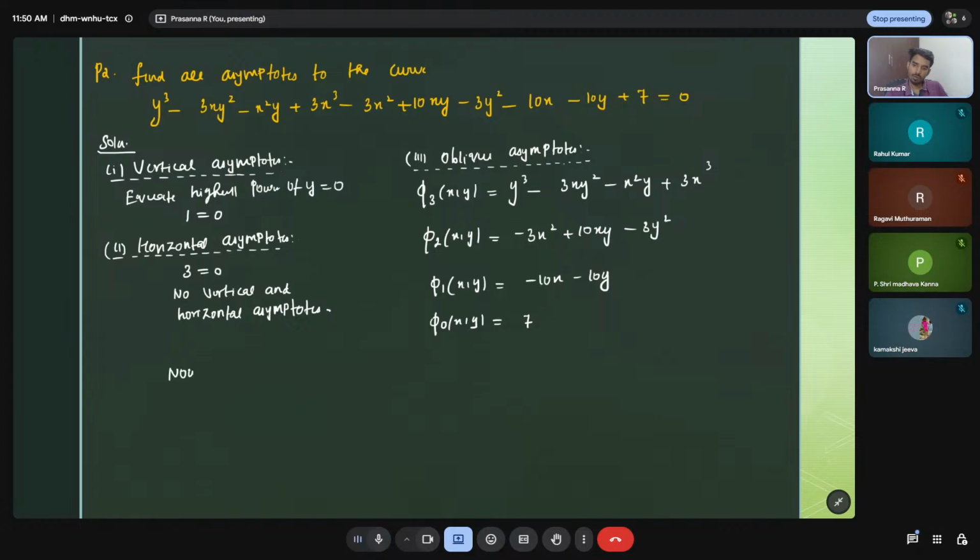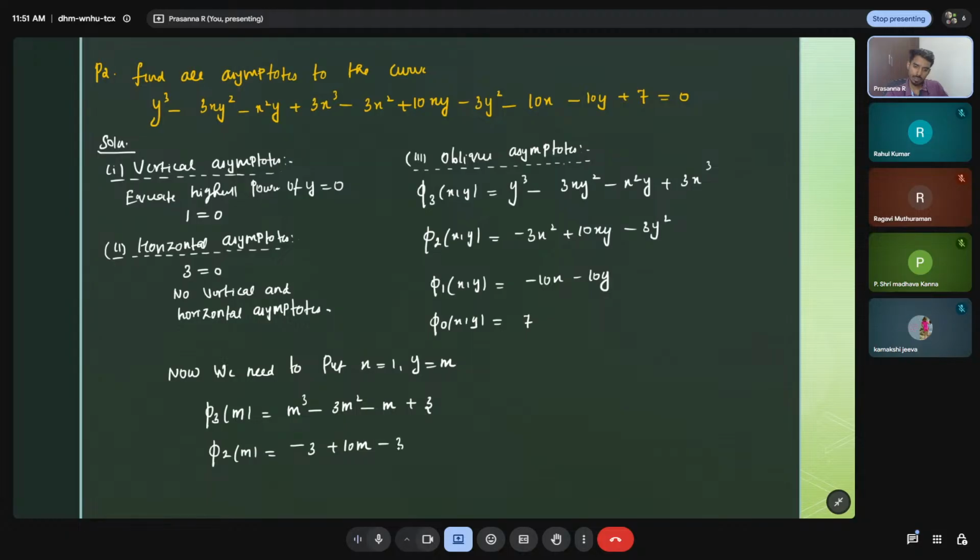Now we put x is equal to 1 and y is equal to m, then this becomes a function of m. P3 of m is m cube minus 3m square minus m plus 3. P2 of m is minus 3 plus 10m minus 3m square. P1 of m is minus 10 minus 10m, and P0 of m is 7.